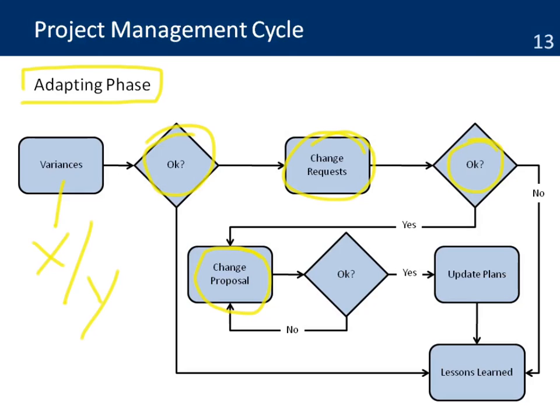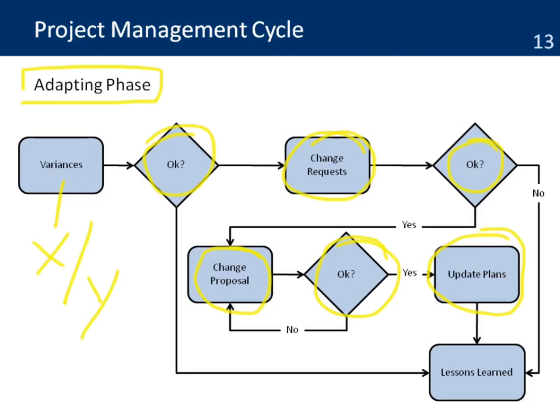There has to be an analysis of the impact of those changes on those areas of the project. They are approved. Then once the changes are approved, the project manager authorizes that all those plans are updated, especially the schedule, the budget, and the scope.